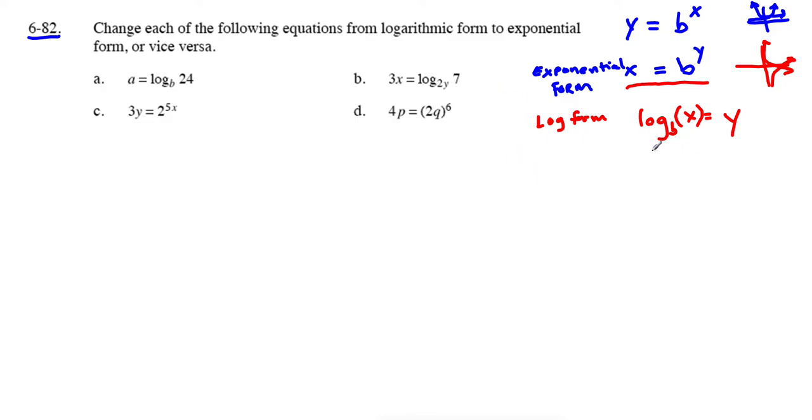These are both logarithmic functions. This was an exponential function. These are both the inverse of this exponential function, just written in two different forms, the same way you would write a linear function in standard form or in slope-intercept form.